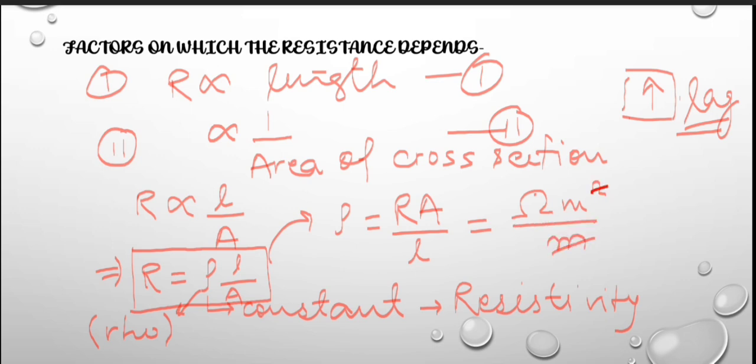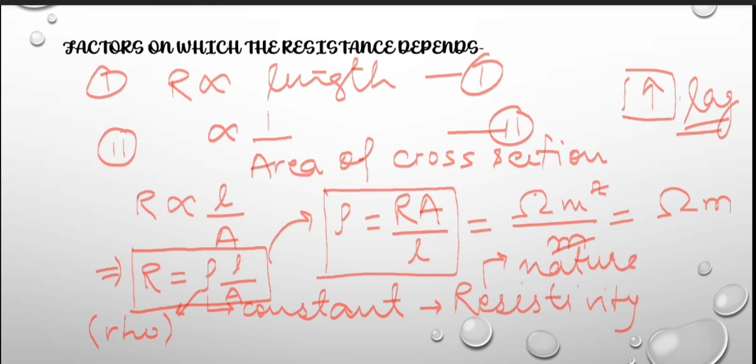One meter gets cancelled, therefore the unit is ohm meter. Clear? So the unit of resistivity is ohm meter, and resistivity is just the nature of the material.